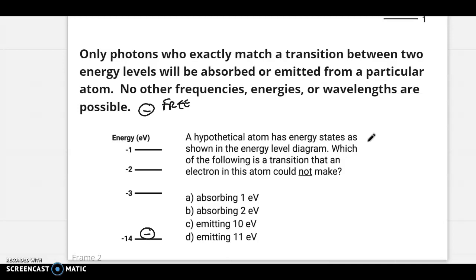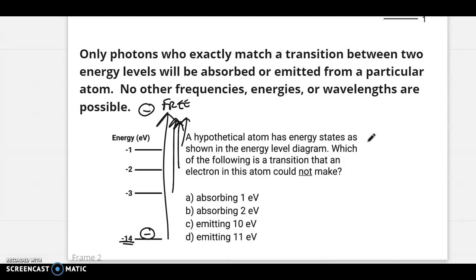Well, this -14 means that I would need to add 14 electron volts to shoot this thing off the atom. Here I'd only have to add 3 electron volts to shoot this off. 2 electron volts, 1 electron volt. See? So now we ask, which of the following is a transition that the electron in this atom could not make? Now I'd like you to pause this for a second and determine which one of those an electron could not make.